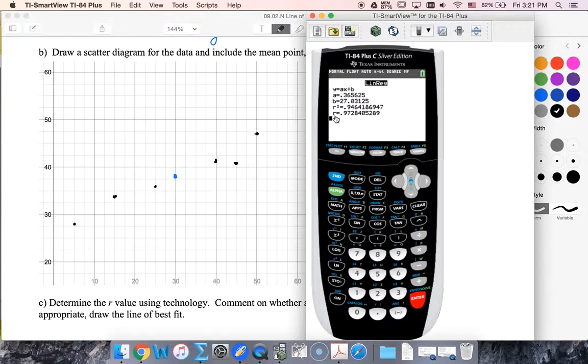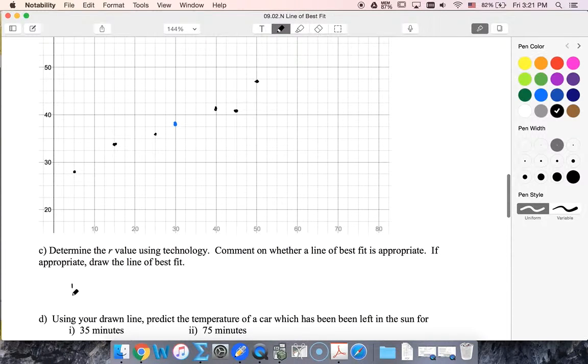Okay, so I see that my R value is 0.973 to 3 significant figures. So a line of fit is appropriate because my R value is very high. So R is greater than 0.87. Therefore, a line is appropriate.